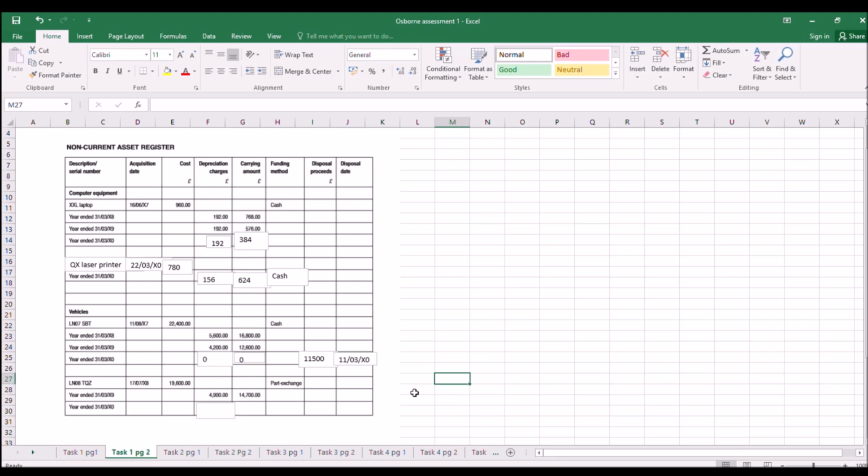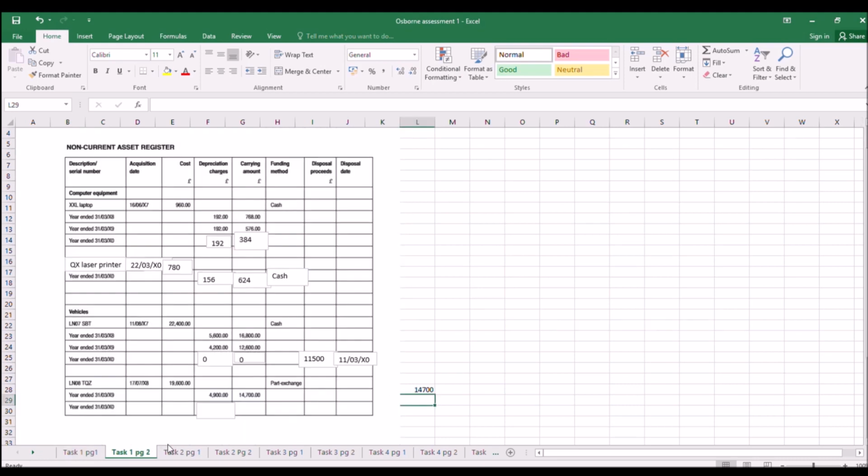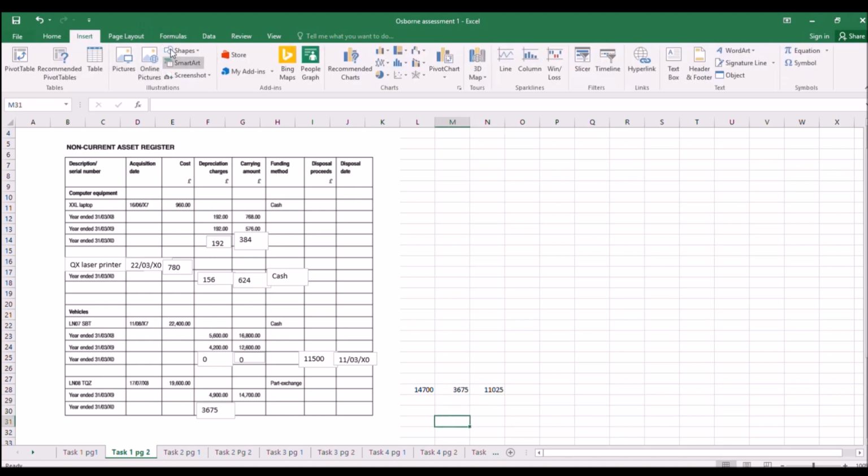This one's reducing balance, so it would be the value of the previous year, 14,700, times the rate, which is 25%, so times 0.25. So that is the amount there, 675, and the value at the end of the year is 11,025. Right. Hit the wrong button there.